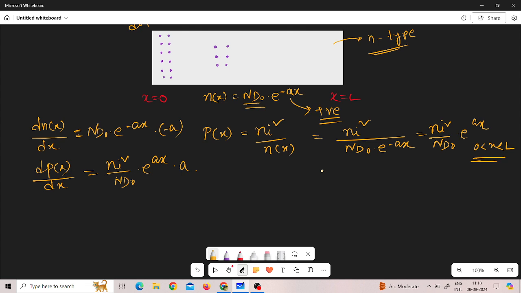Now if we look in the semiconductor material, these are electrons. As you can see here, the concentration of electrons is high. Here the concentration of electrons is low, so there is a concentration gradient. So electrons will try to diffuse from the left to the right side. As the electrons diffuse, they leave positive ions.